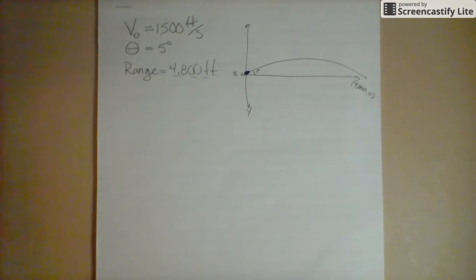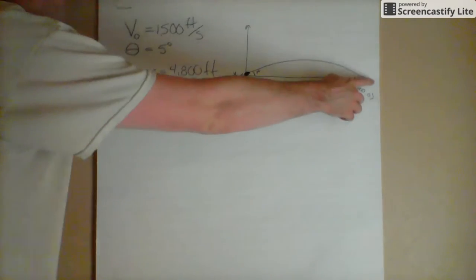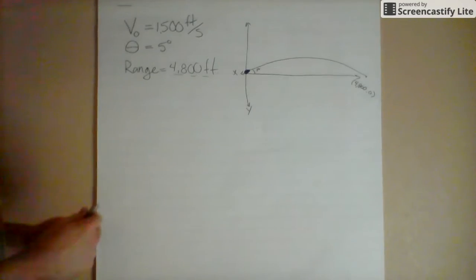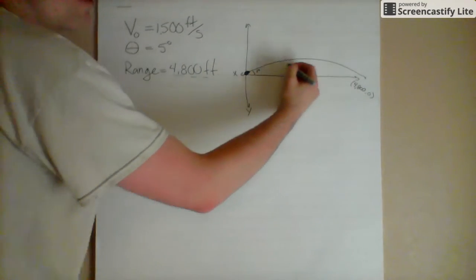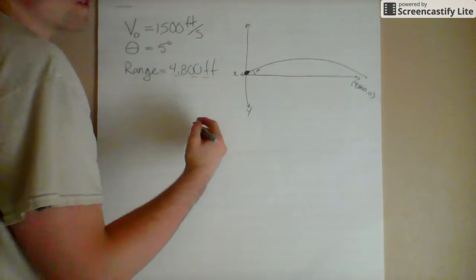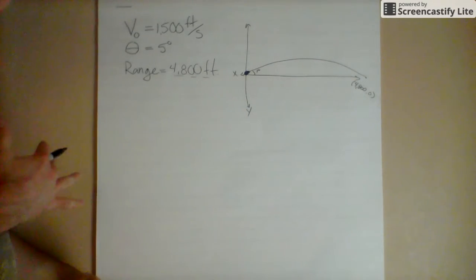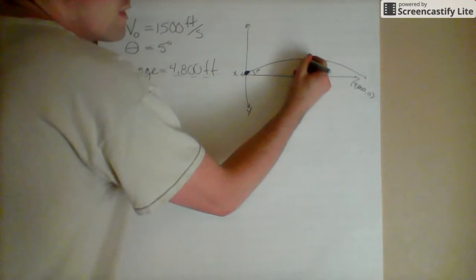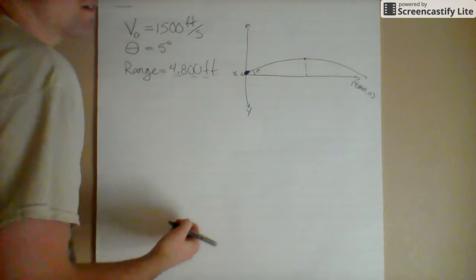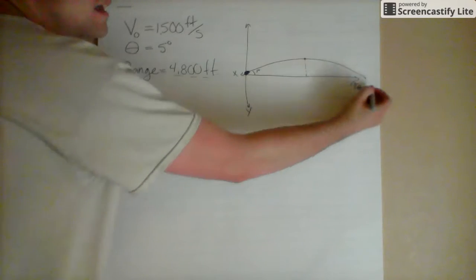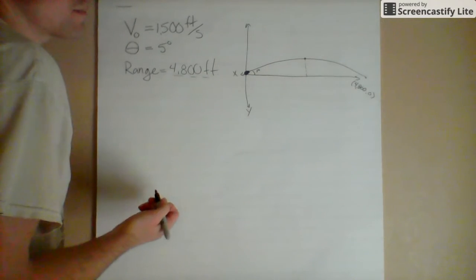As we learned previously, to define a parabola or a quadratic equation of this type, all we need is one point and the vertex. Remember, the vertex is the maximum or minimum, in this case the maximum point. We also know that parabolas are symmetrical, so if I think of this as the vertex here, then it's going to be directly halfway between the cannon and where the cannonball lands.